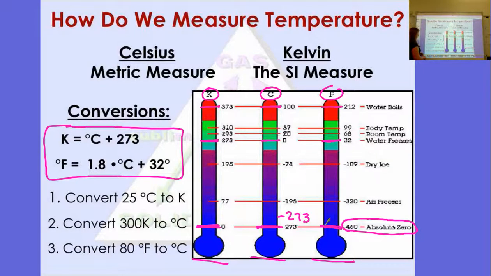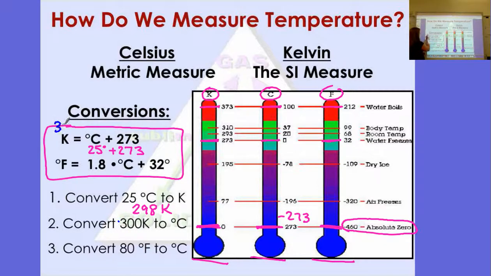Number 1, convert 25 degrees Celsius to Kelvin. If I plug in 25 for my Celsius, 25 plus 273 is 298 Kelvin. Number 2, convert 300 Kelvin to Celsius.